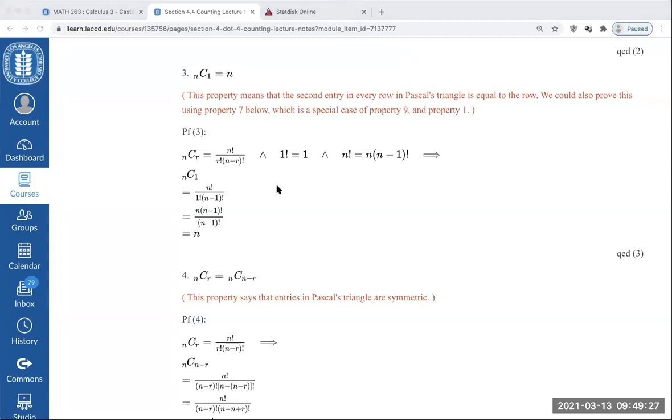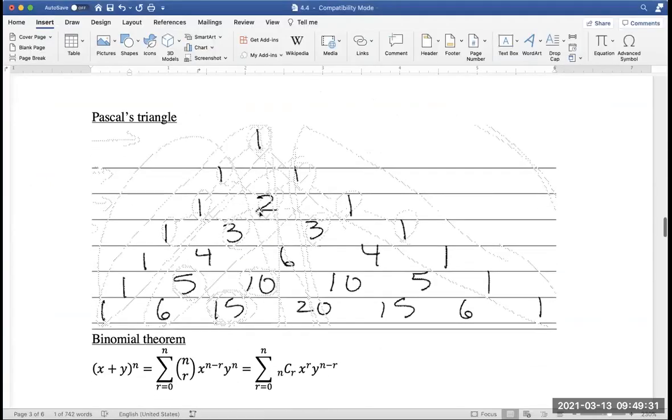That's just symmetry. So this says that if I look at one side of Pascal's triangle, it's a mirror image of the other side. So these are mirror images of each other. And so this just says that Pascal's triangle is symmetric.